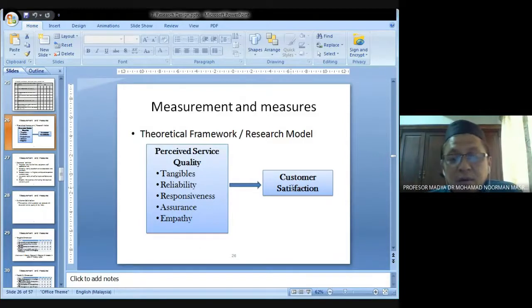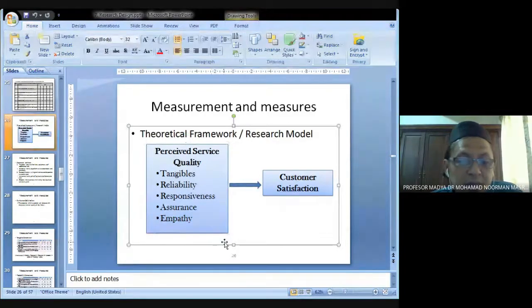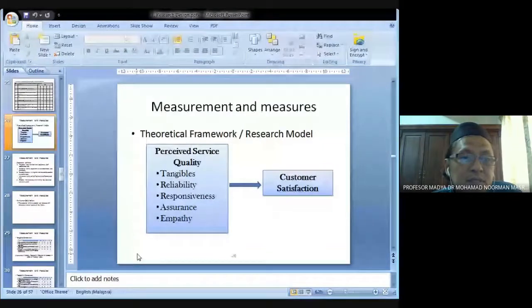Now, how do you write research questions or research objective if you have a framework like this? I'm going to write here so that you can see.